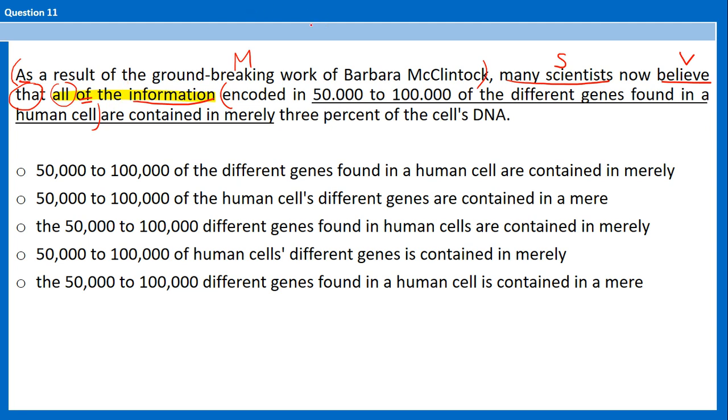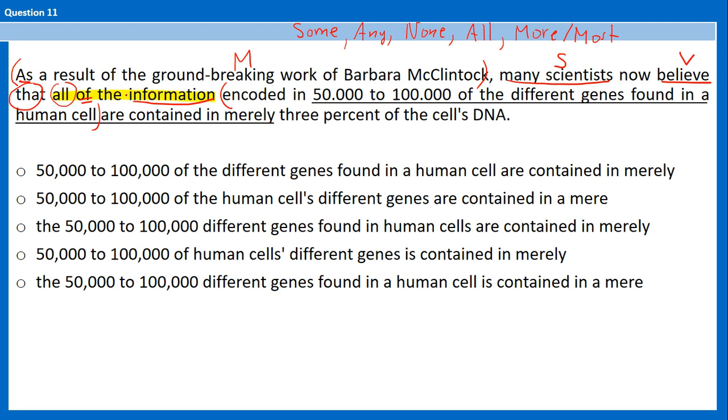However, be careful when you have the following words: some, any, none, all, and more or most. When you have those as subjects, the true subject is what follows the preposition of. In this case, the information.